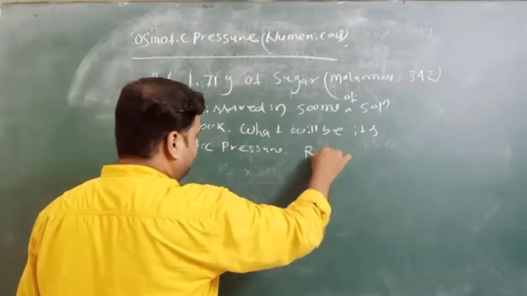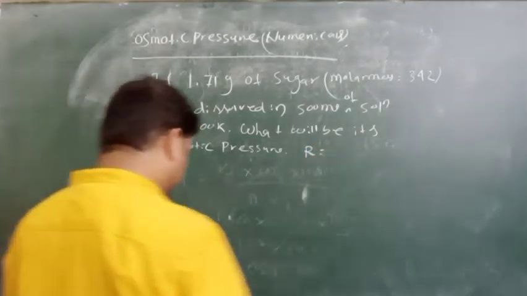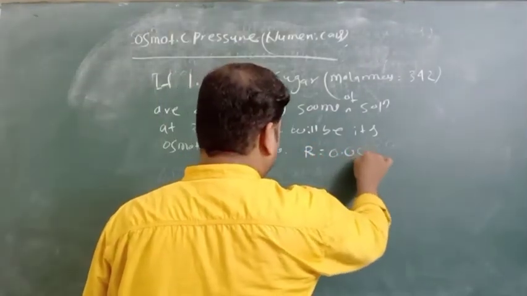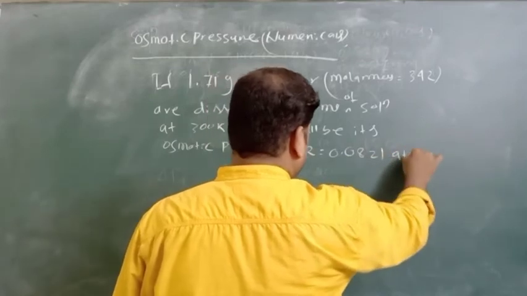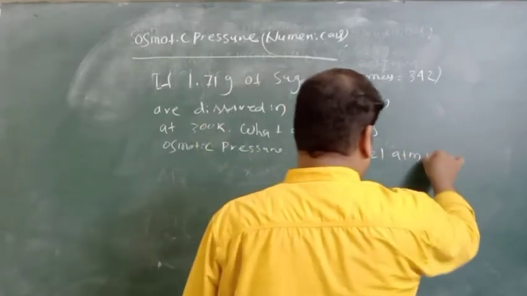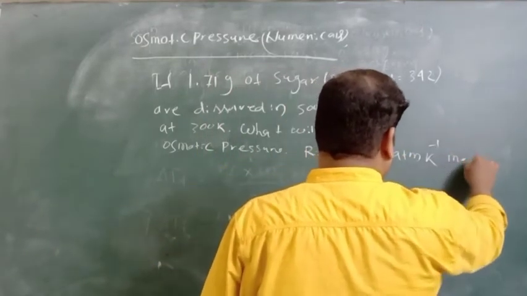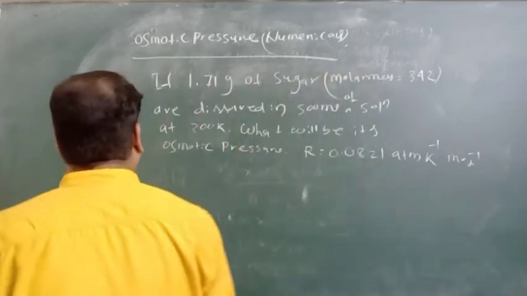Here the value of gas constant R is given, 0.0821 atmosphere Kelvin inverse mole inverse. So we will calculate the osmotic pressure.